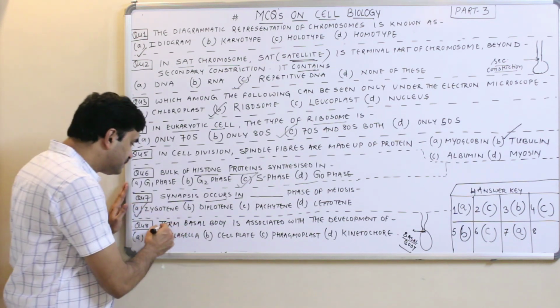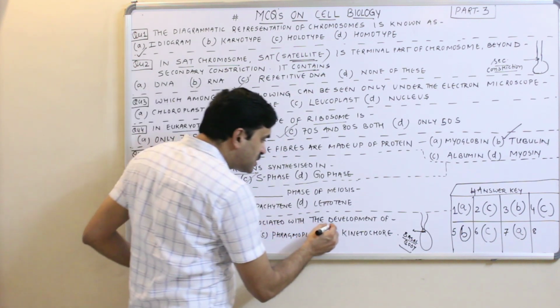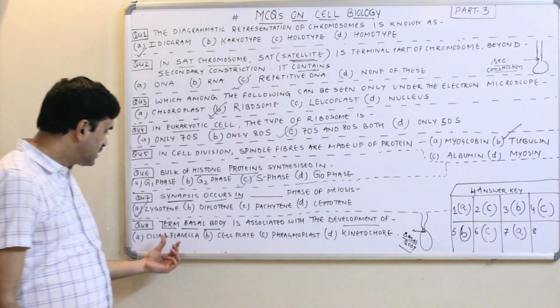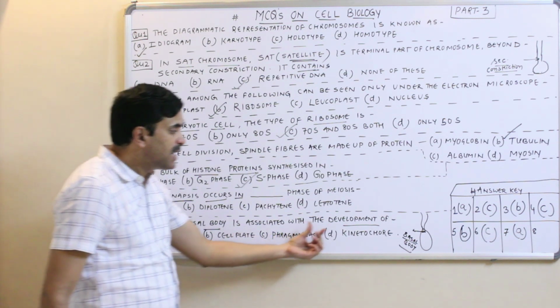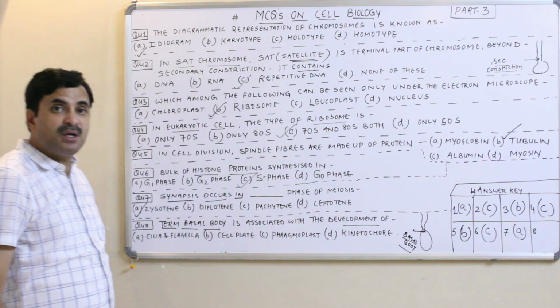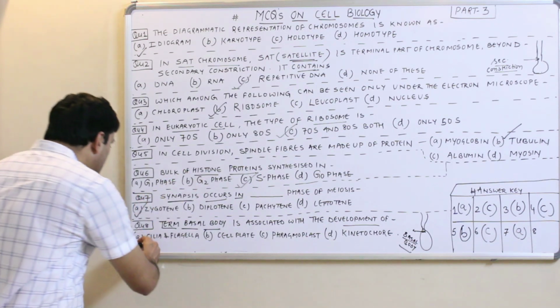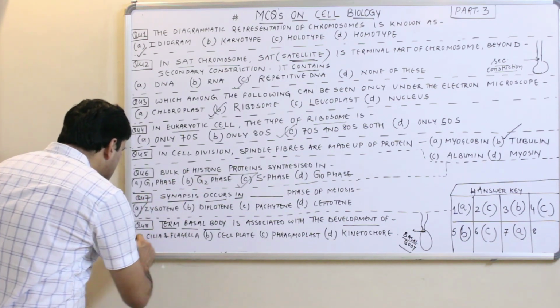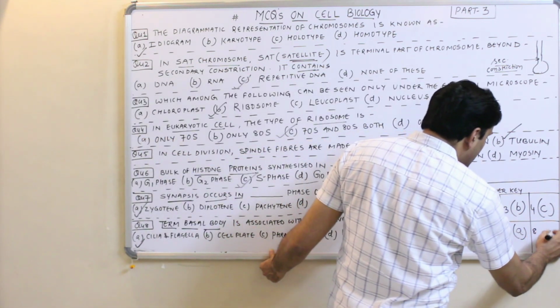So the best option is that the term basal body is associated with the development of cilia and flagella. So question number 8 has the answer A.